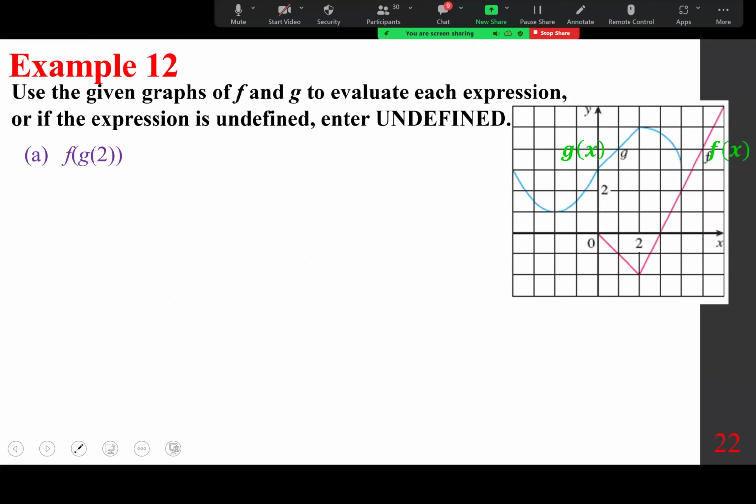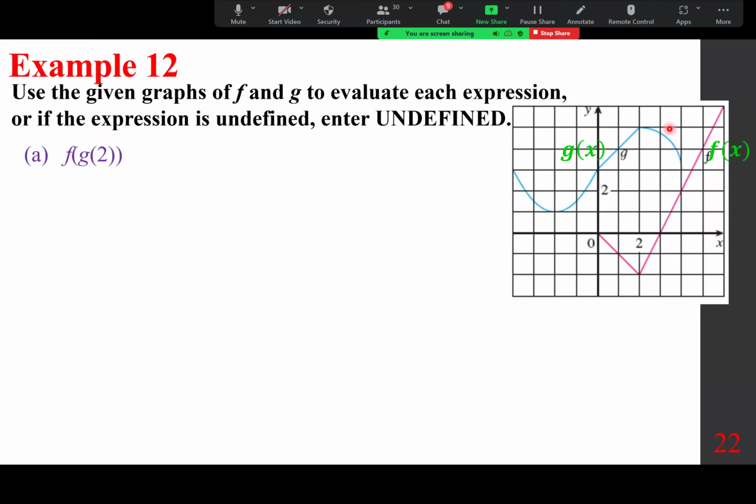All right, use the given graph of f and g to evaluate each expression, or if the expression is undefined, enter undefined. So we want f of g of 2, and the g function is the blue one, the f function is the red one. First and foremost, find g of 2.